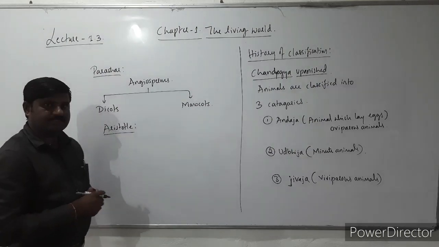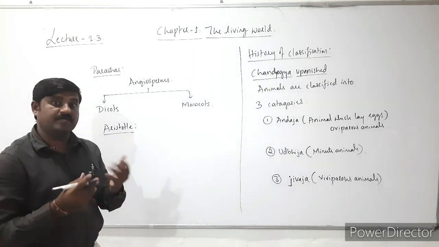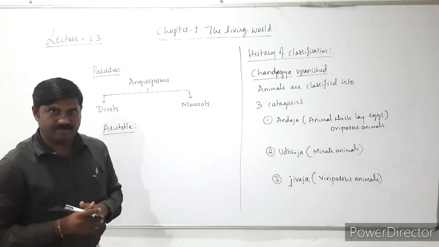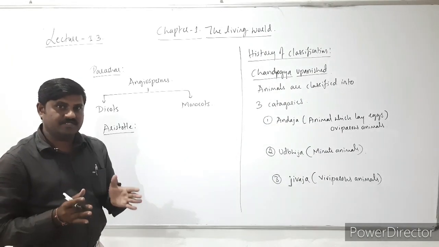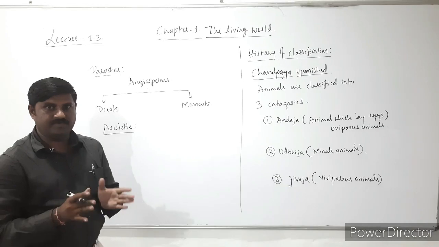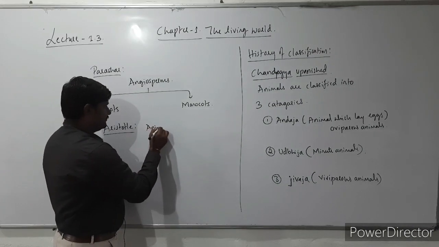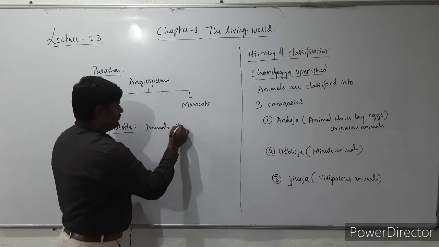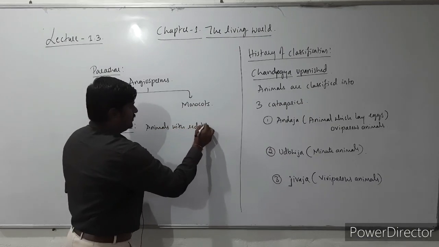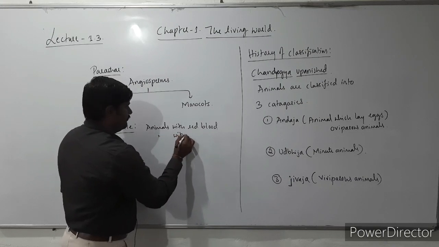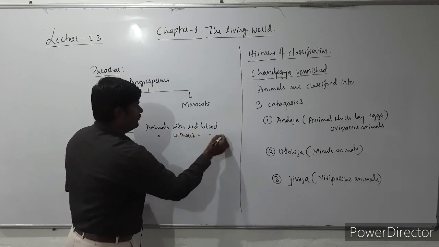is another scientist, the one who classified animals into Anaima, meaning animals with red blood, and animals without red blood.